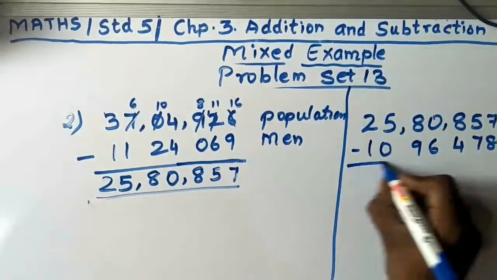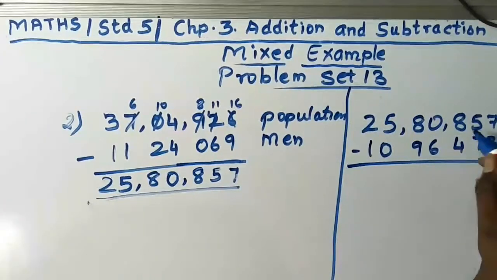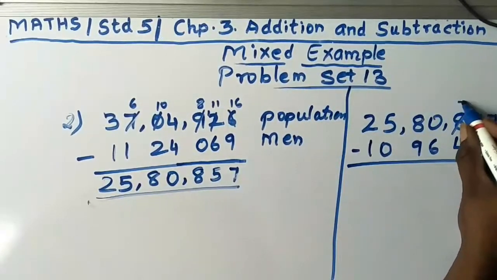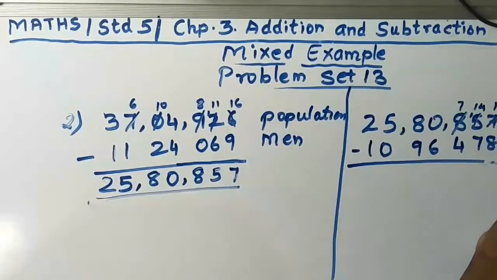Again I have to subtract this. 7 minus 8 will not go. 5 minus 6 will not go. 8 minus 4, yes it goes. So I remove 1, 7. This becomes 15. From the 15, I transferred 1 here, it becomes 17.